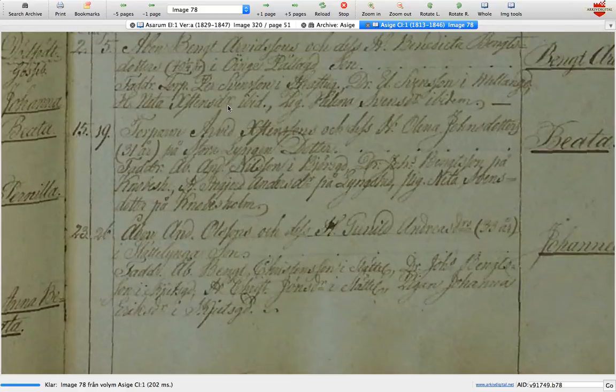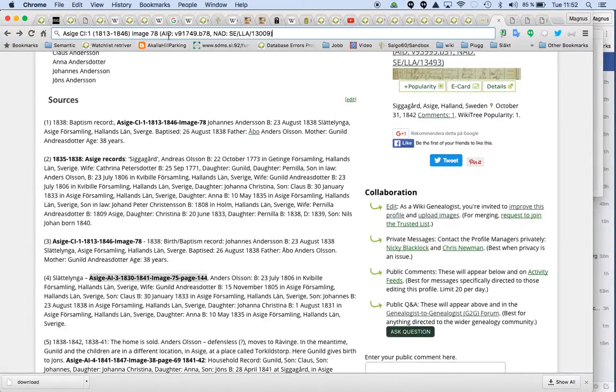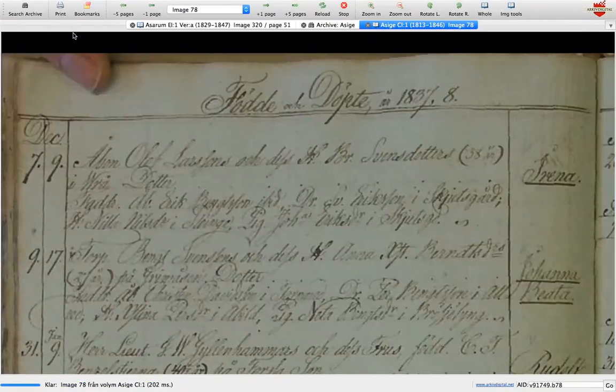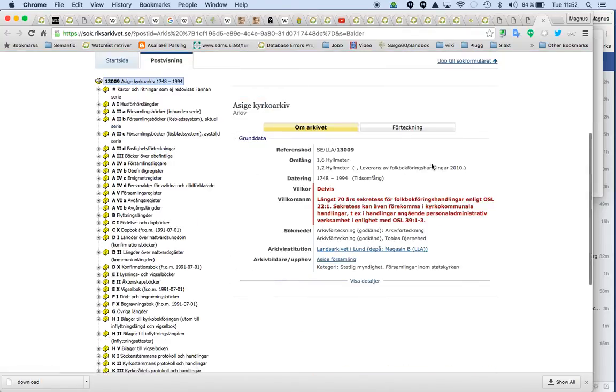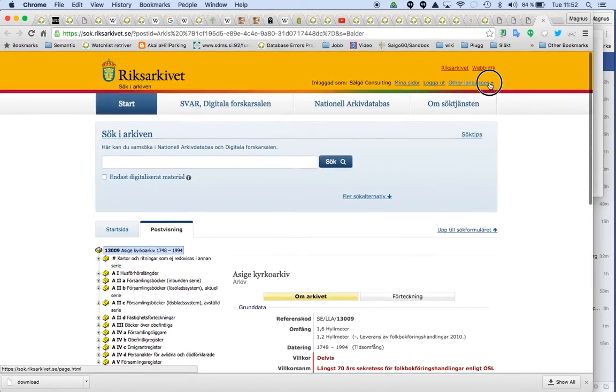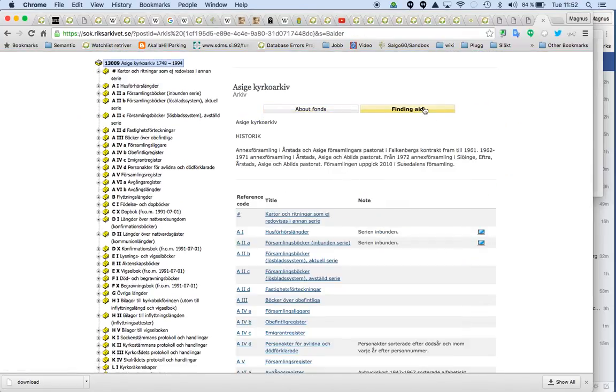The problem here with this book is that it has no page number, so it's difficult to reference. And then in Archive Digital you have this unique ID, and you have this odd thing over here. If you're a hardcore genealogy person, then you can jump to the Swedish National Archive, and you can get all the books.